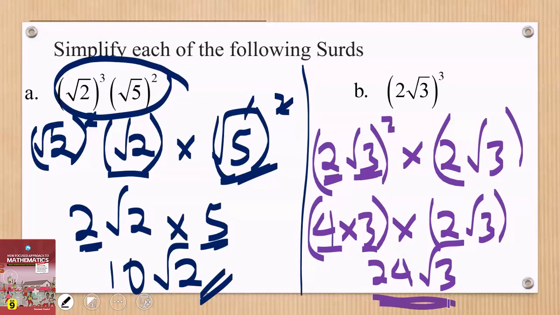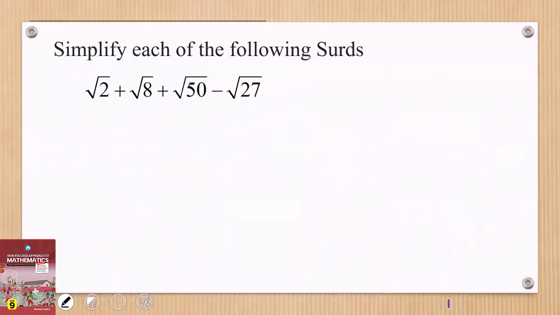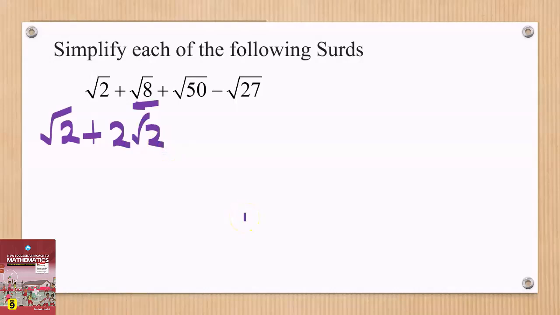Good. Let's take another example. Here we have to simplify this, and this is addition and subtraction of surds. So I have square root of 2, plus root 8, which can be reduced to the lowest form as 2 root 2. Remember this. At the beginning of the surds topic, we learned about how to reduce surds to the lowest form, so that's what we want to apply here.